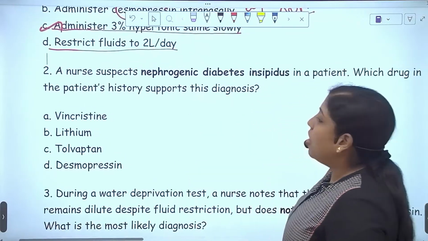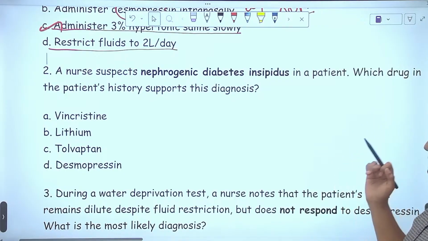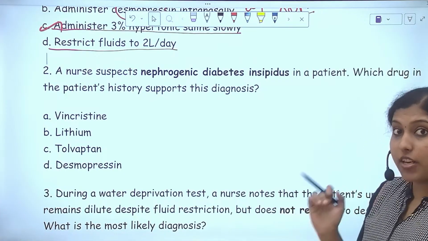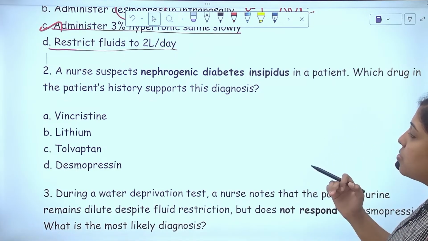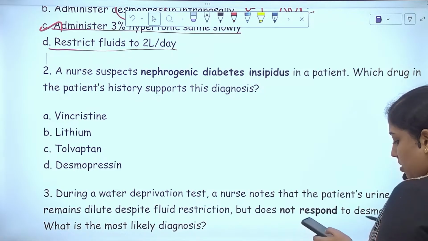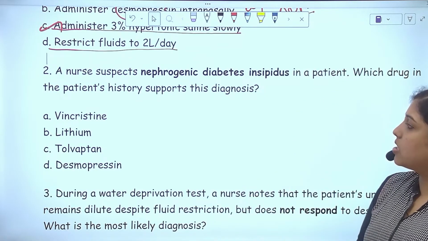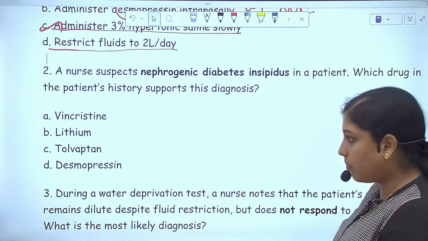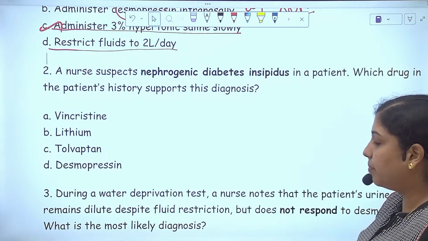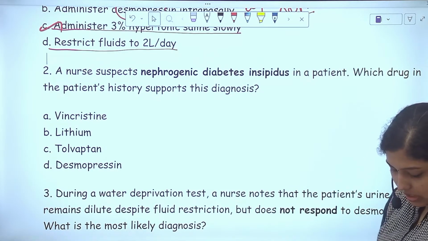Okay. The nurse suspects nephrogenic diabetes insipidus in a patient. Which drug in the patient's history supports this diagnosis? Now tell me, which of the following drugs is involved in the causation of this particular condition? I'm waiting for your answers.